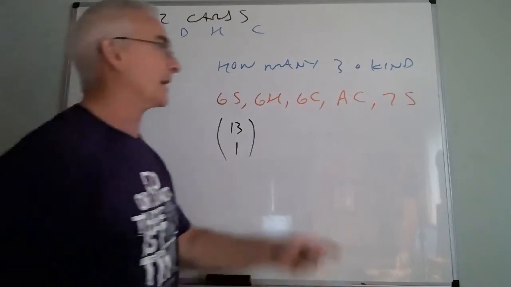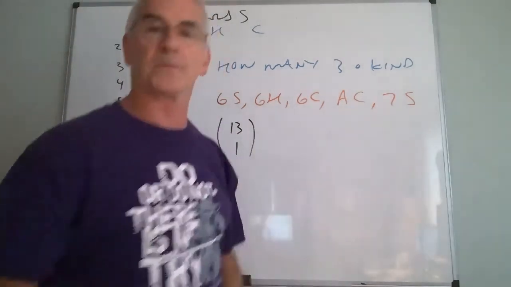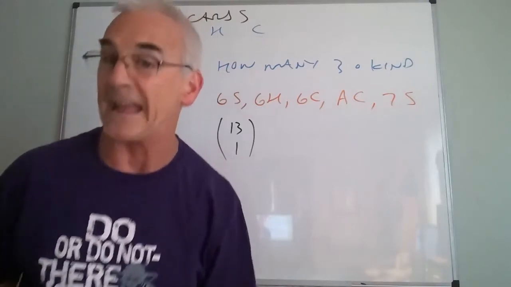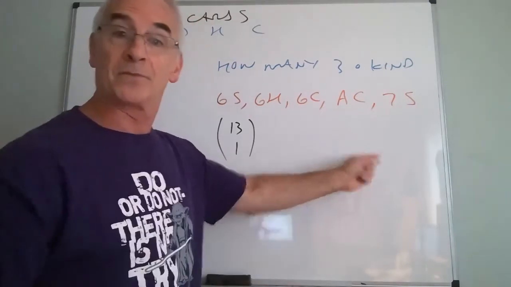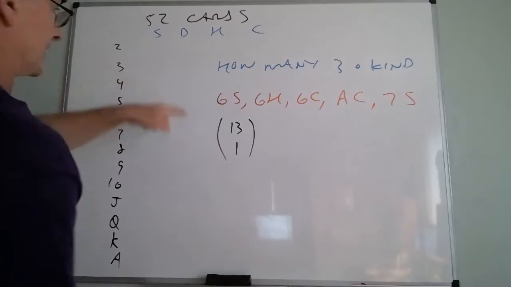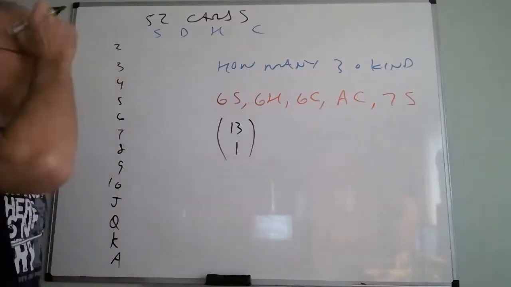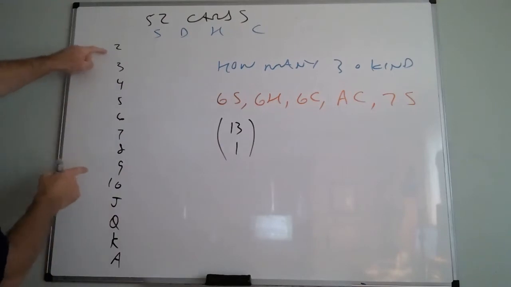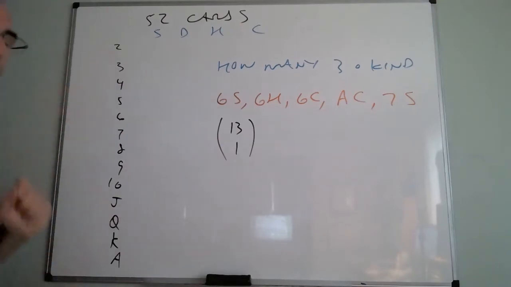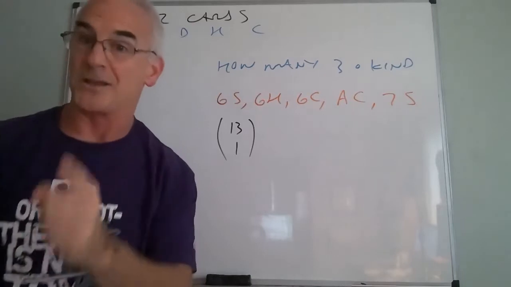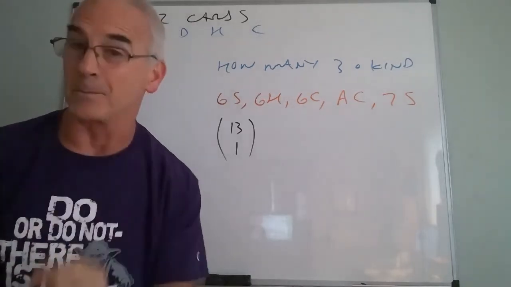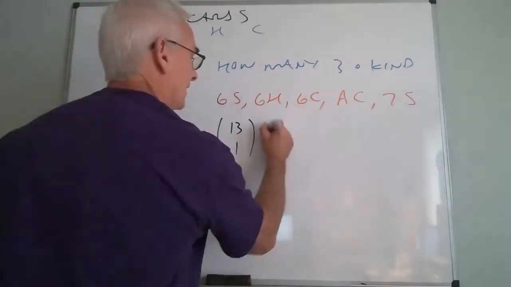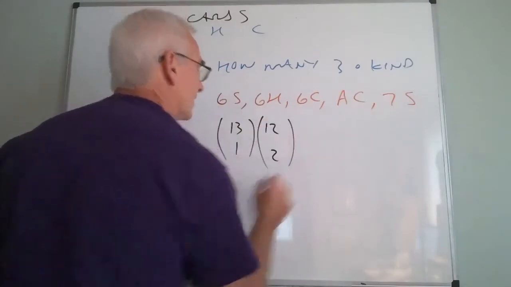Now I need to pick 2 cards at random from the remaining 48, because I have to make sure that neither one of these is the same as this one. Well, how do I do that? The first thing I need to do is pick 2 different numbers from the remaining 12 numbers.